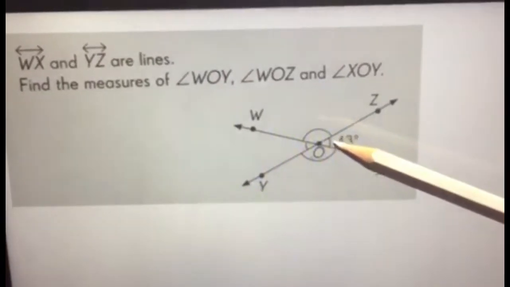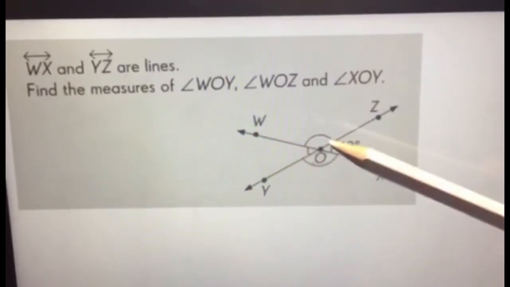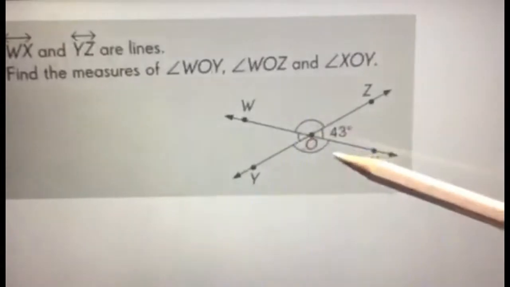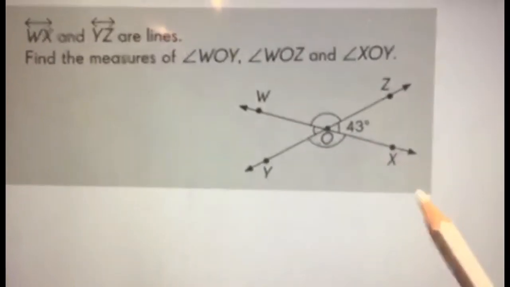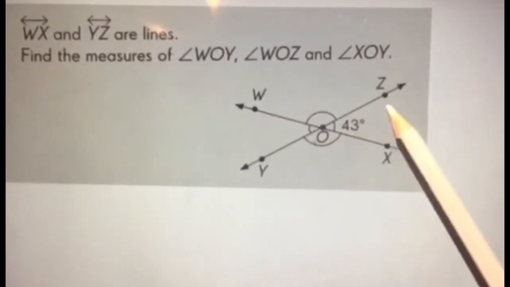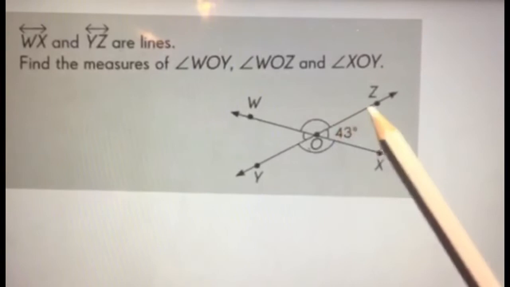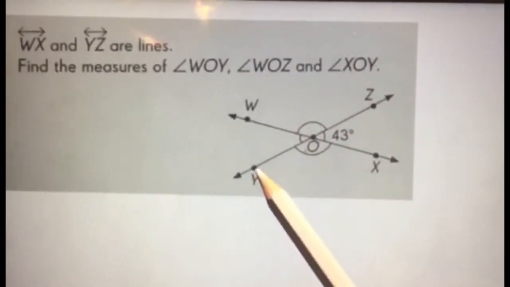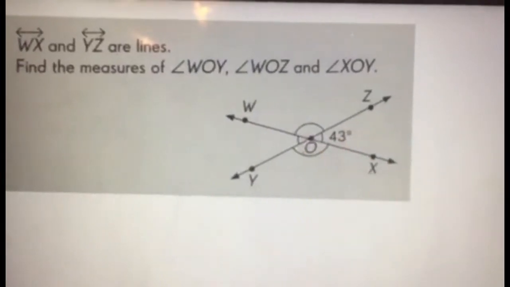Find the measure of angle WOY, angle WOZ, and angle XOY, this angle. Since we know the property of vertical angles, we can naturally know that angle WOY is the same as angle ZOX, and it is 43 degrees.